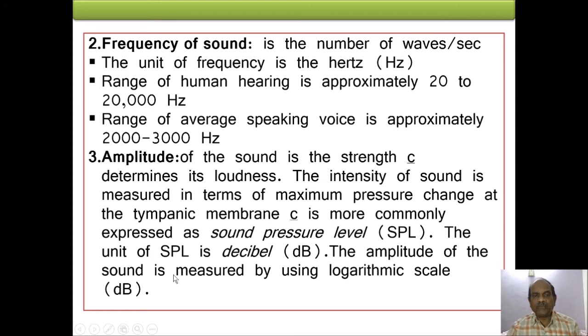The unit of sound pressure level is the decibel, written capital B preceded by a small d. The amplitude of sound is measured using a logarithmic scale, which we call dB.